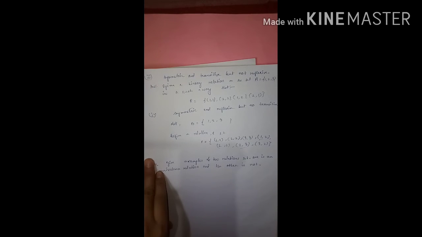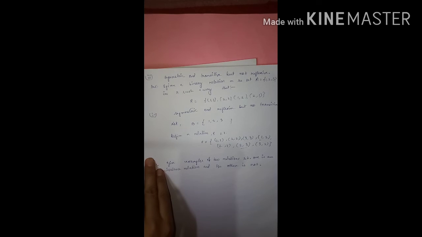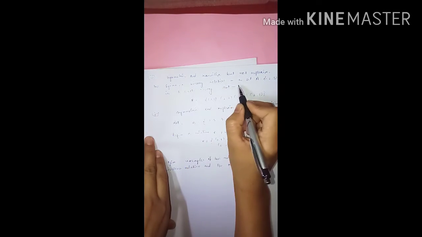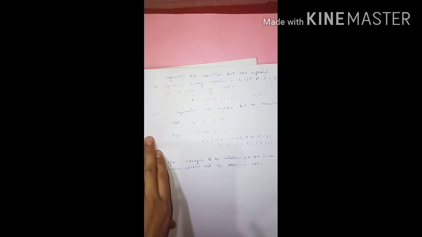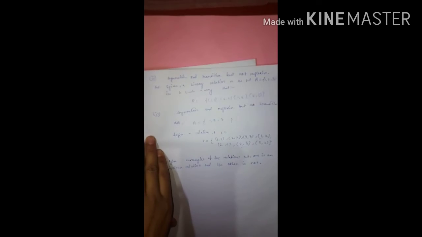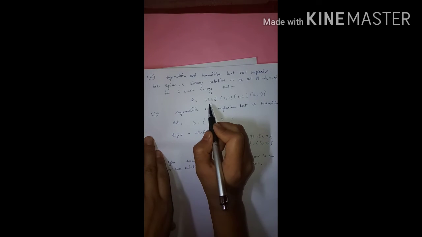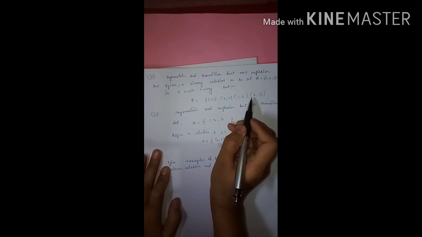Now, this question, that means we have to find an example of a relation that is symmetric and transitive but not reflexive. So let's see. Given a binary relation on the set A = {1, 2, 3} in such a way that R contains the elements (1, 1), (2, 2), (1, 2), (2, 1).